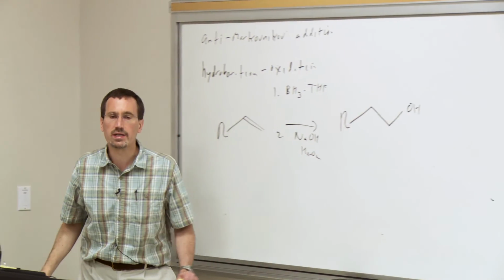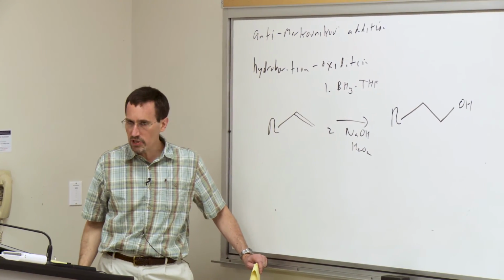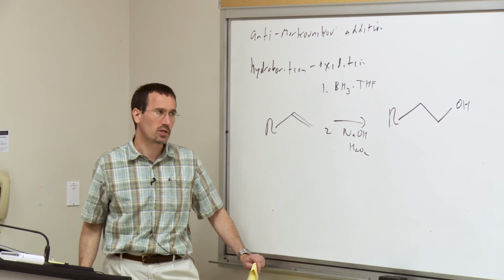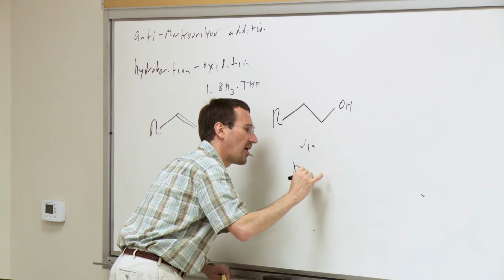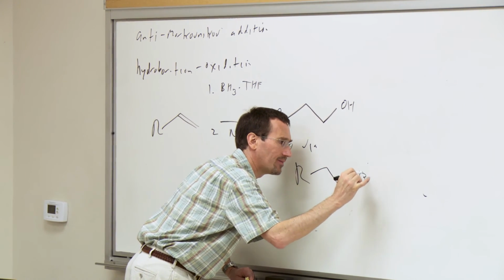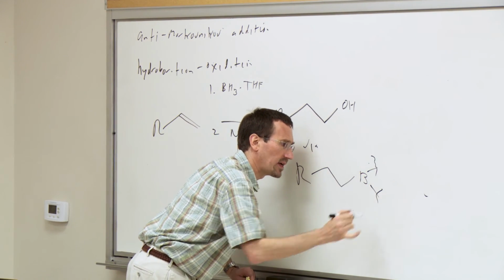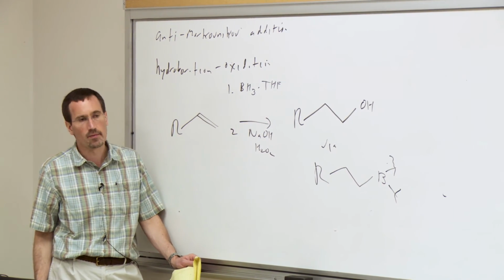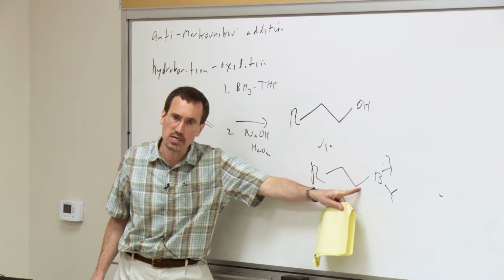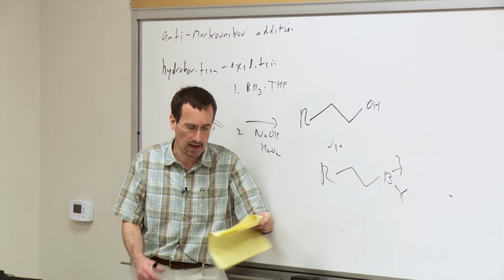In other words, we get the opposite regiochemical course of the reaction. The reaction goes by way of hydroboration, and I'll just draw this with two squiggly bonds here because you can add 3 equivalents of boron across the double bond, and then oxidation of the carbon-boron bond.